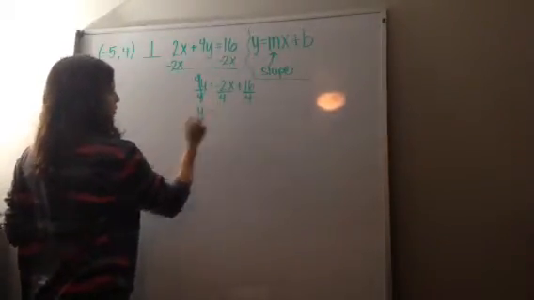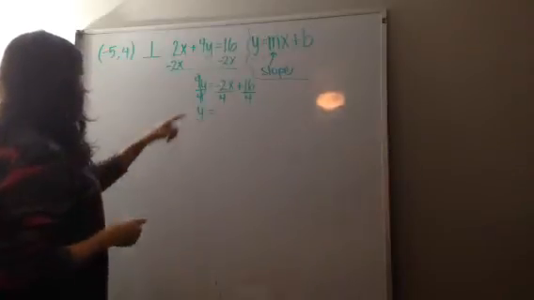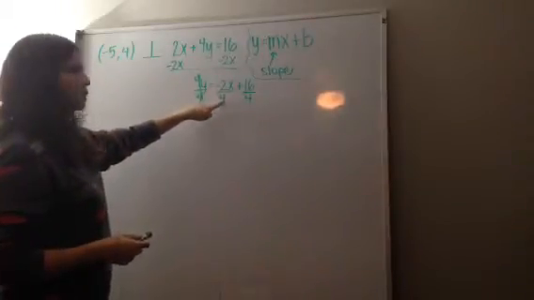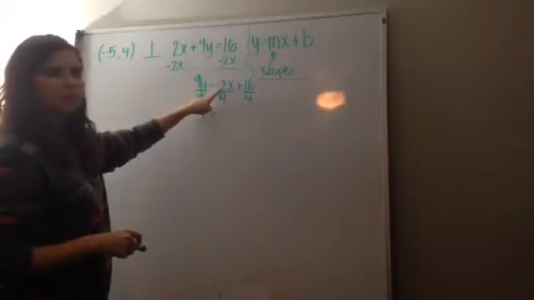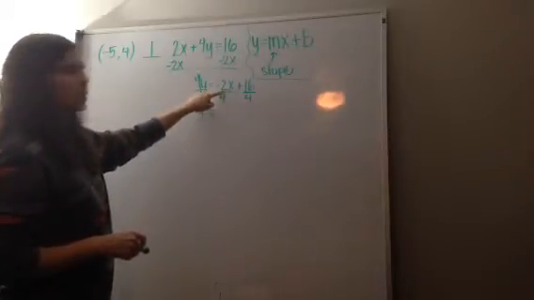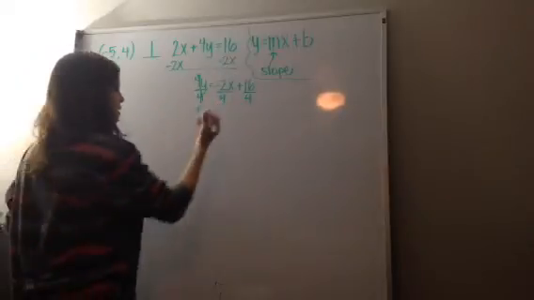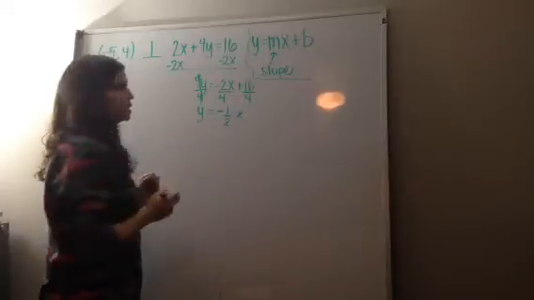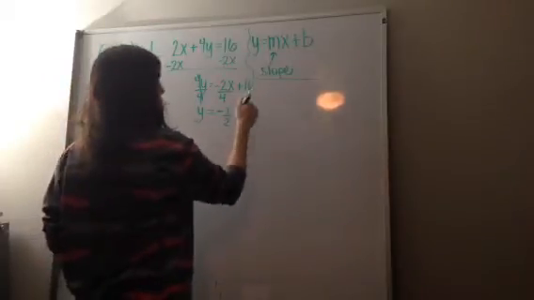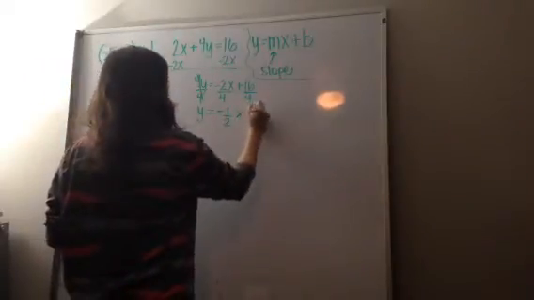I get y equals, okay, now negative 2 over 4, that's not going to go in evenly, but I can reduce that to 1/2 because 2 goes into there once and 2 goes into there twice. So negative 1/2 x, and 16 divided by 4, oh, that works evenly, so I'm just going to write positive 4.